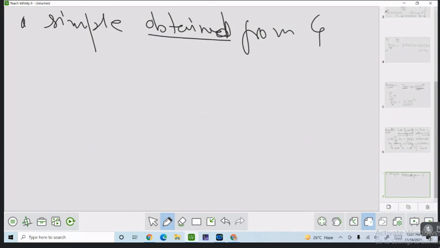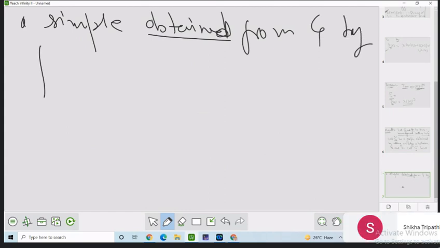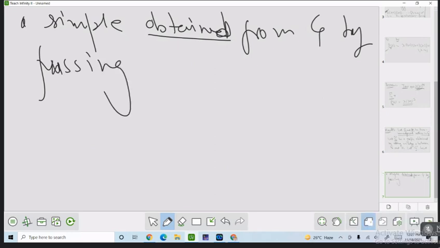Obtained from G by fusing, means we can merge two vertices into a single vertex. When we merge two vertices into a single vertex, some edges will become parallel to another edge.